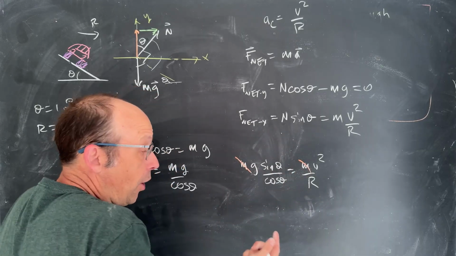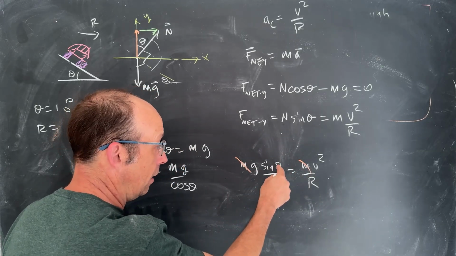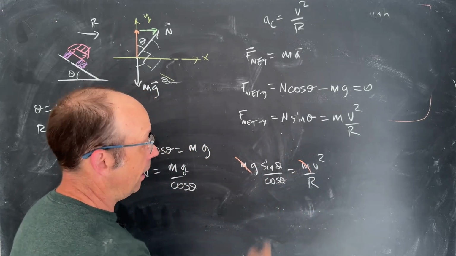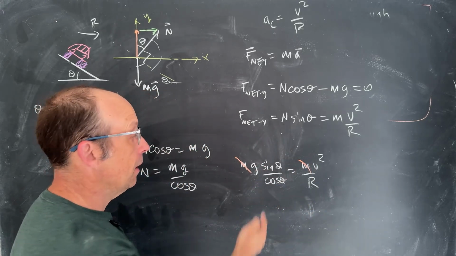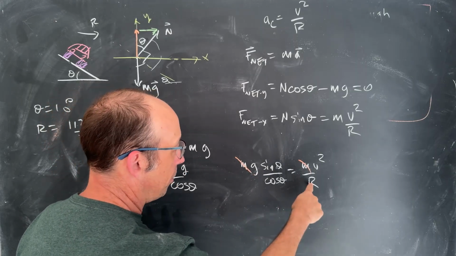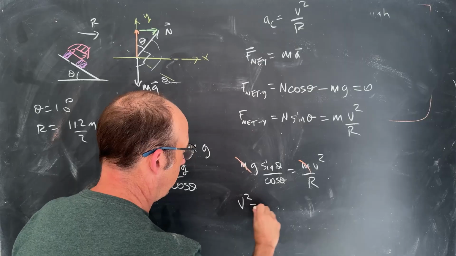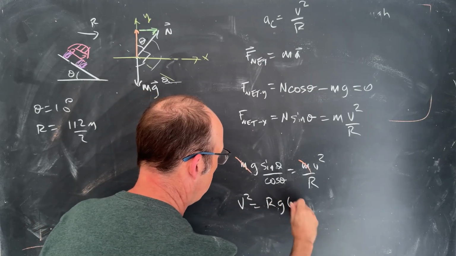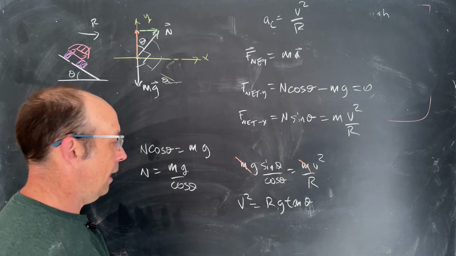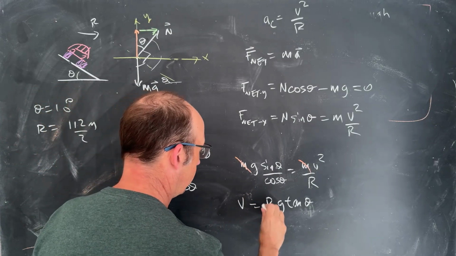And two, now I know everything in this equation. I know theta, I know g, I know r. I can solve for v. Now also, if you want, and I do, sine over cosine is tangent. So I can write this as, I'm going to multiply both sides by r. V squared equals r g tangent theta. And then I can take the square root of both sides, and that's it.